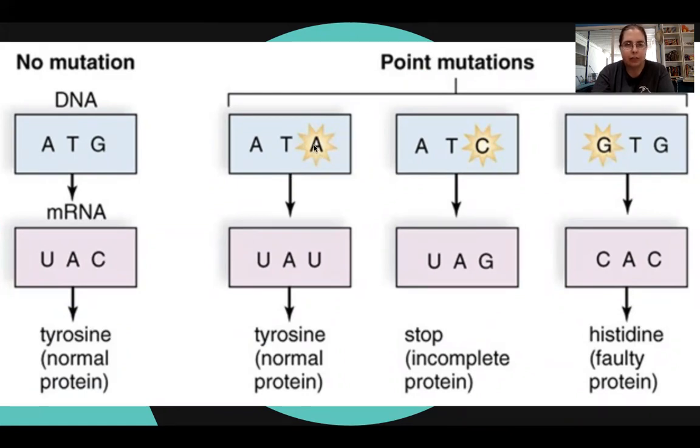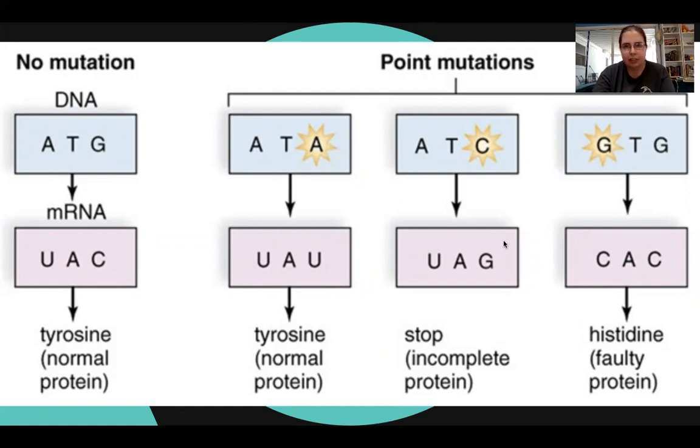If the last base is changed to ATA, it gives us the codon UAU, and it still results in tyrosine. So even though there was a mutation, we call this a silent mutation because it didn't affect the protein, so it didn't change the expression of the trait.